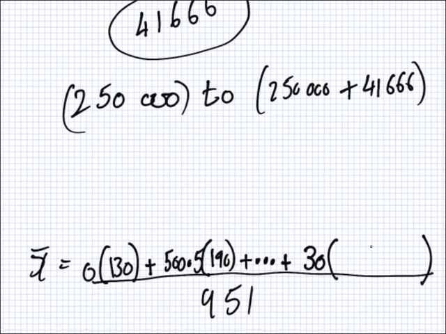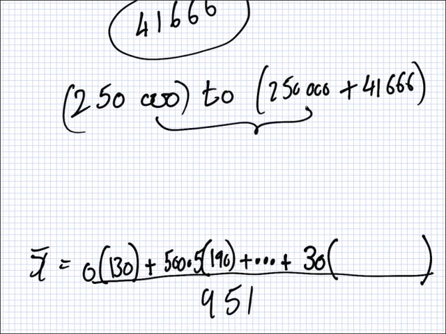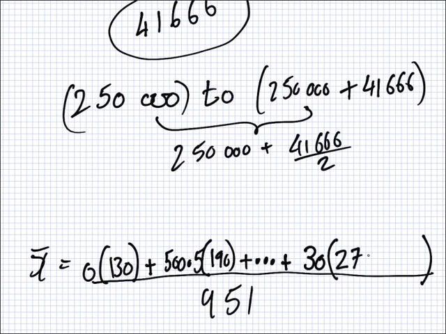So the number we should use here should be the middle of these two numbers as normal. So that would be 250,000 plus whatever half of 41,666 is. 270,833, like that.